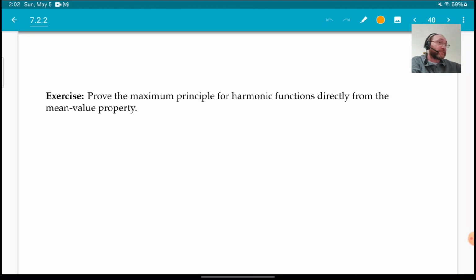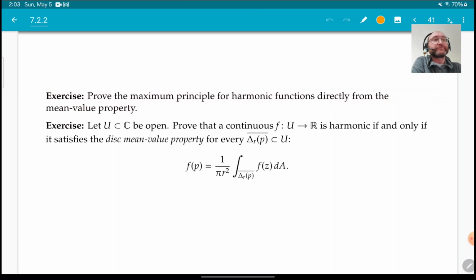It's actually simpler for harmonic functions, because they're real valued, so you don't have to do a two-step thing as we did for the maximum modulus principle. That proof would actually generalize to all dimensions, because you are also going to have this mean value property in all dimensions, not just in the plane.